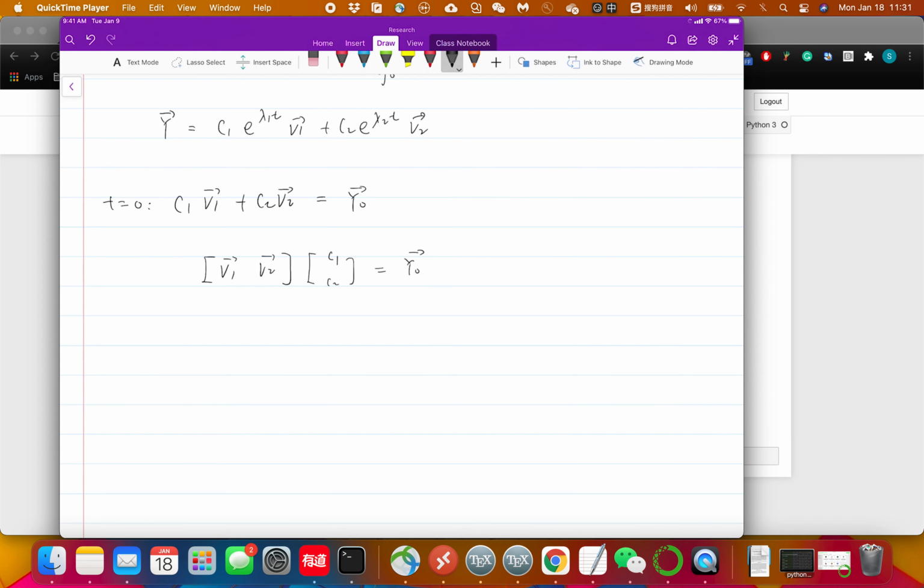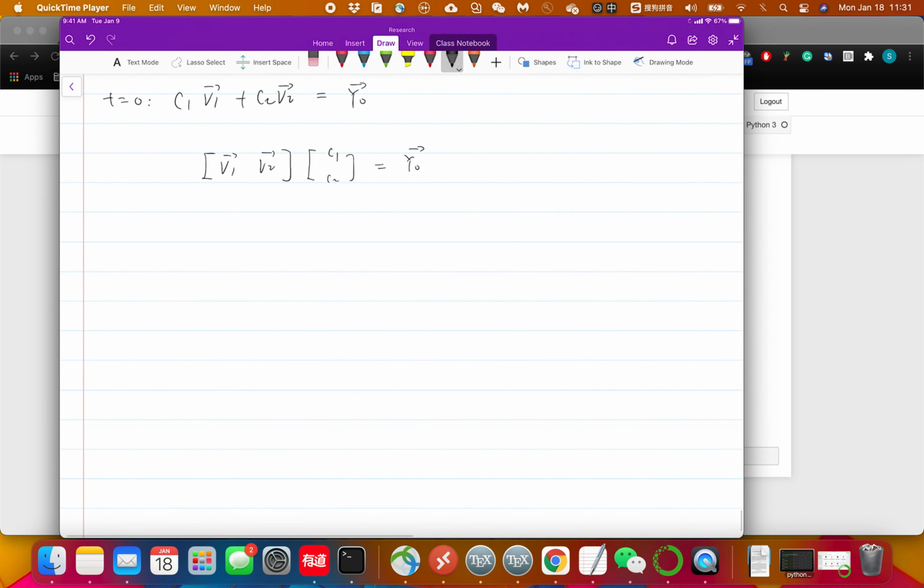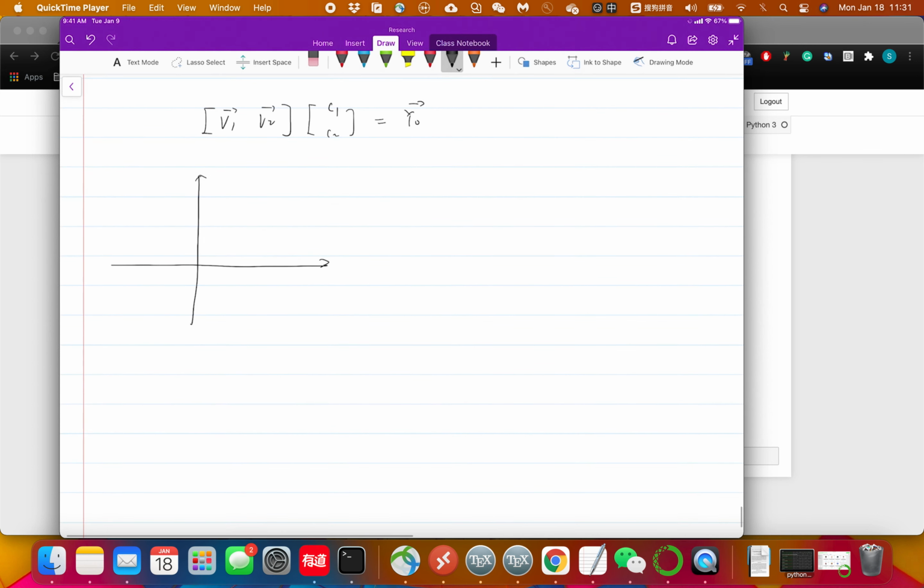So what you're trying to do is, let's assume you have something like this, and your y0 is somewhere here. This is the first straight line solution. And this is the second straight line solution.